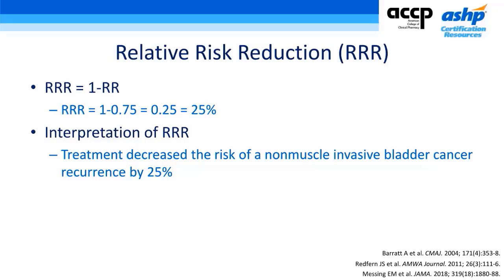It is the treatment decreased the risk of non-muscle invasive bladder cancer recurrence by 25%. And I'm stressing the numerical values and the interpretation in words because you may need to be able to understand both ways of representing these data.